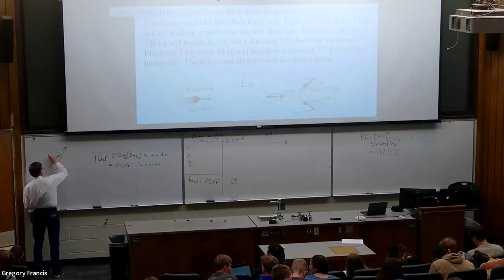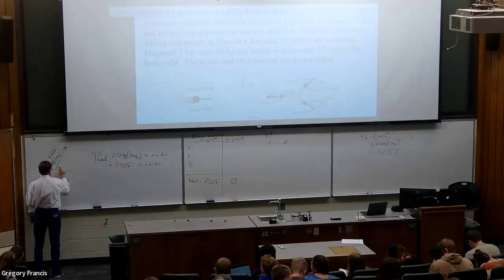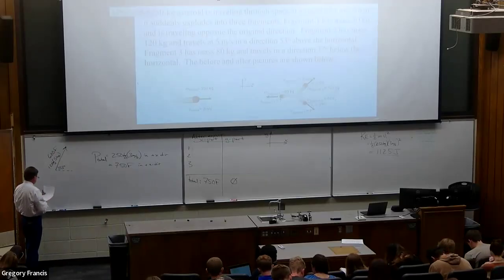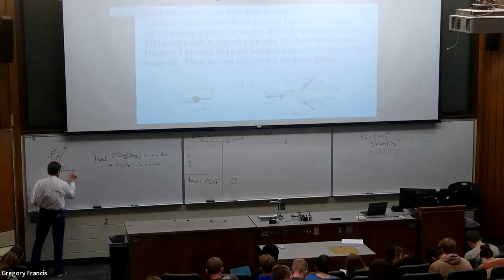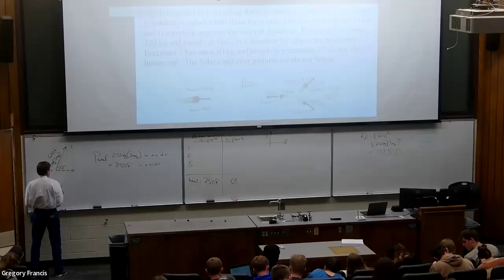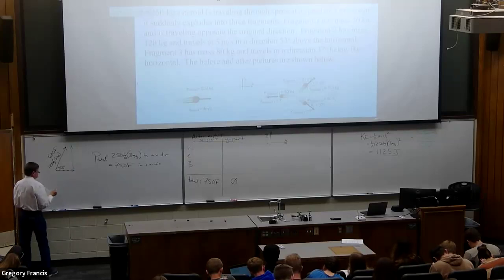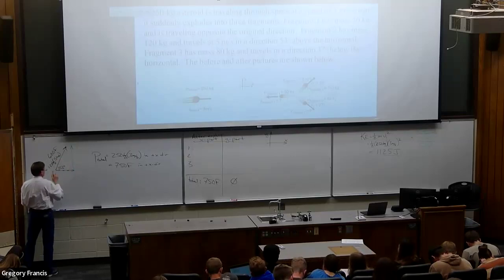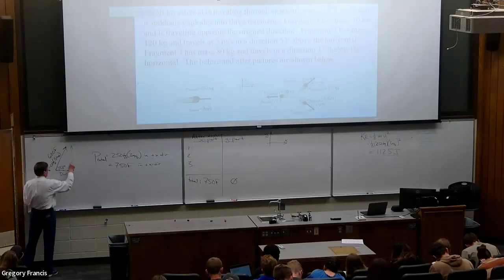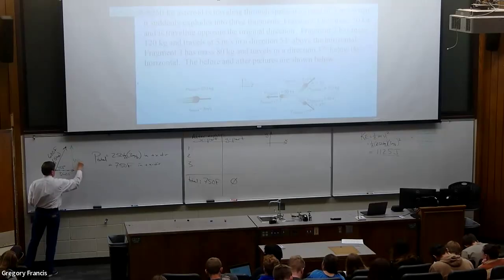That's going to give me a momentum of 600 at 53 degrees above the horizontal. If I break that up into an X part and a Y part, again, this is a 3, 4, 5 triangle. This is going to be 3 times 120 or 360. This is going to be 4 times 120 or 480.